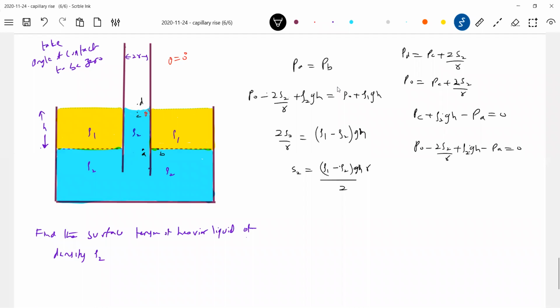Okay, it will be like this. So it will be rho 2 minus rho 1. Okay? Yeah, thank you. So this is the suffocation of denser liquid.